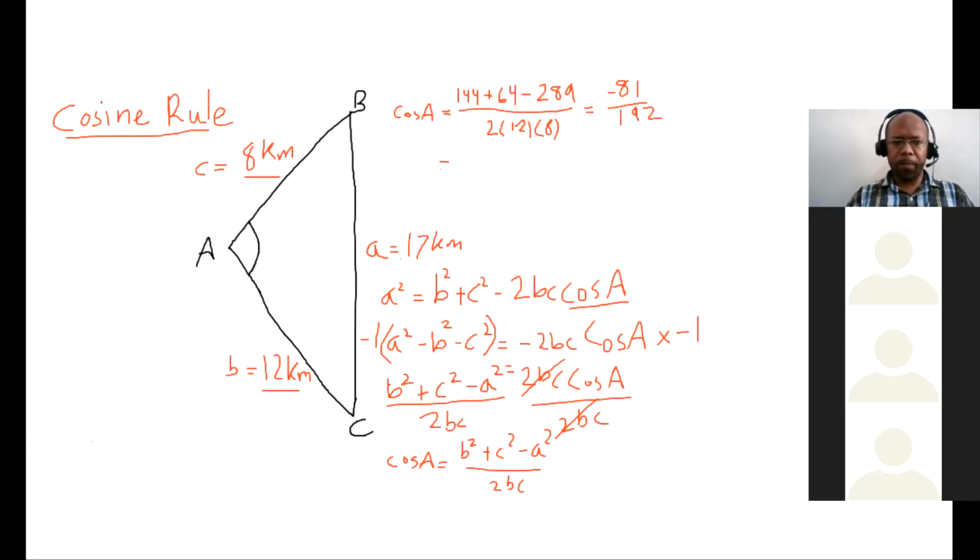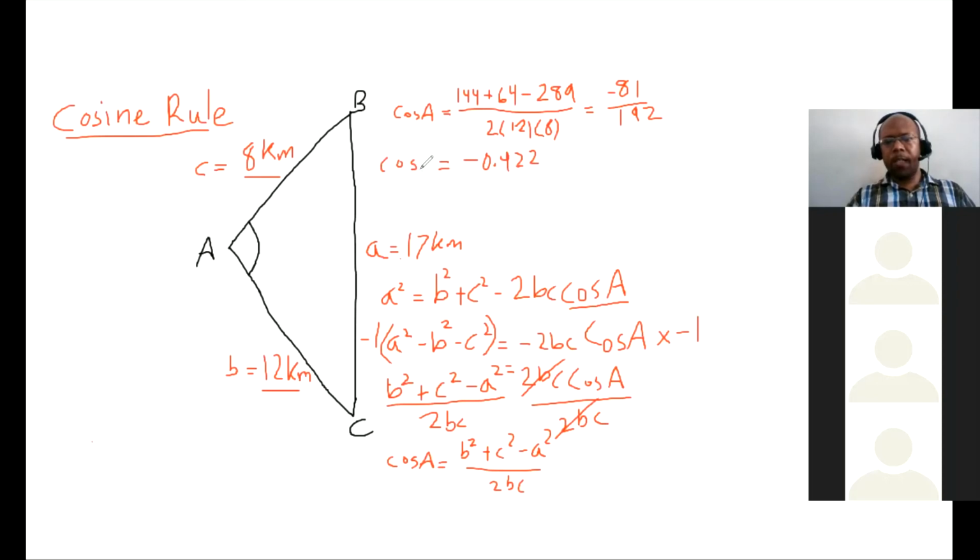So 81, and don't forget the negative sign, divided by 192 gives me 0.4. Let's go to 3 decimal places. 0.422. Okay, so let's write that down, and don't forget the negative sign. Negative 0.422, and this is cosine A.